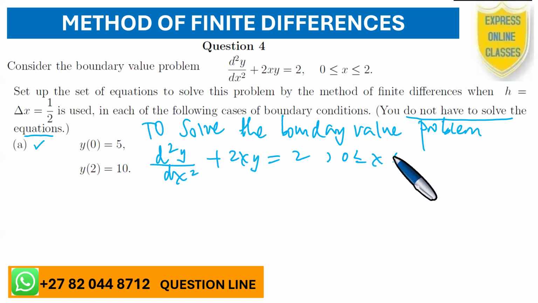X itself lies between 0 and 2. Why is it called a boundary value problem? Because there are boundary conditions, and these are the boundary conditions: y of 0 is 5, y of 2 equals 10.